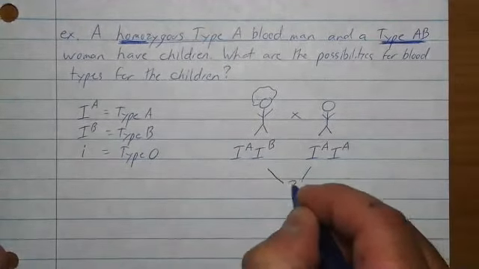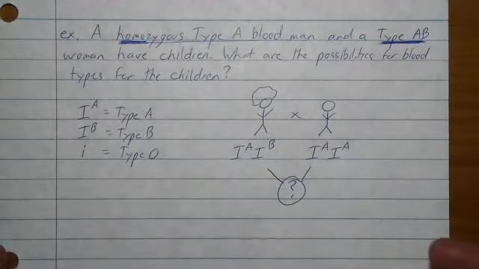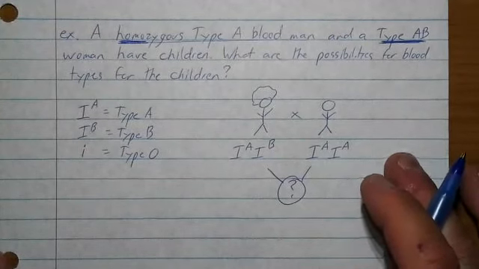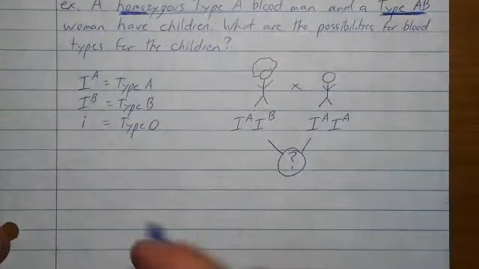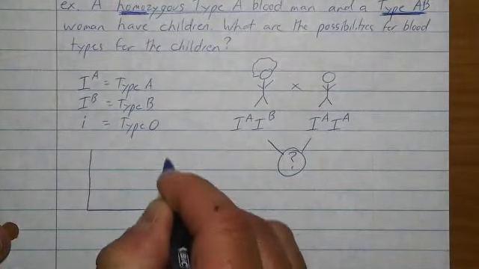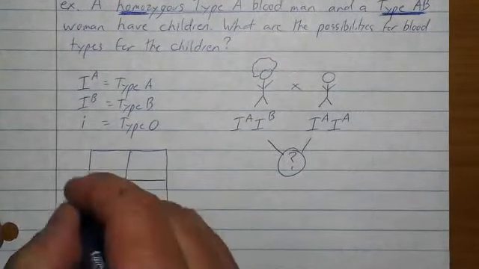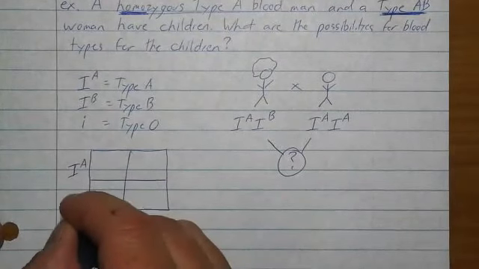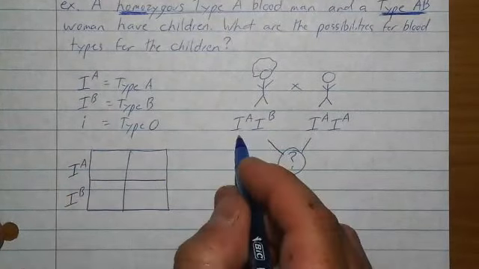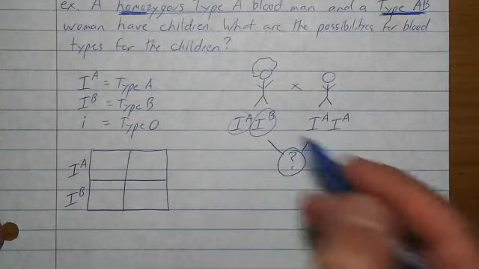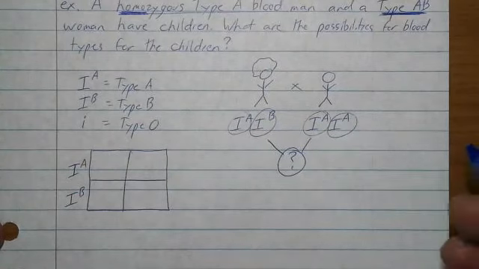They're going to have children. We don't know, so we want to figure that out. So same thing we did last week, we run a Punnett square. I'm going to put right here I to the A, I to the B. Just keep these separate. This is one allele, this is another allele.